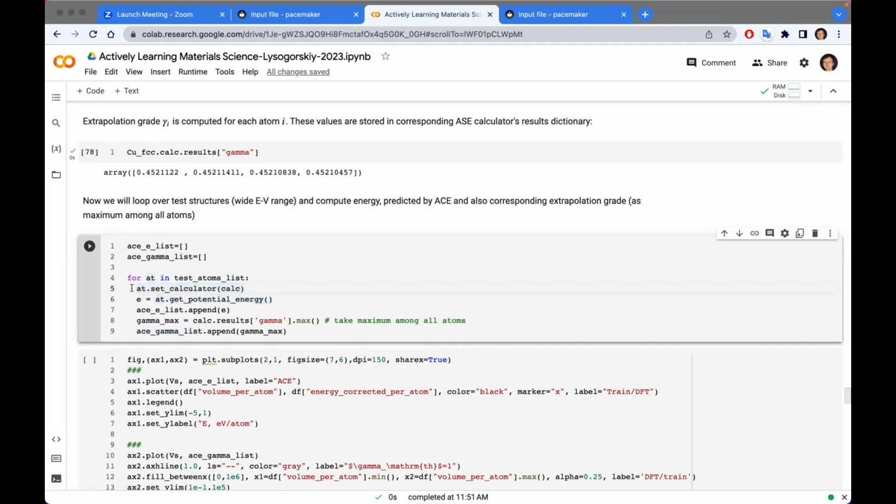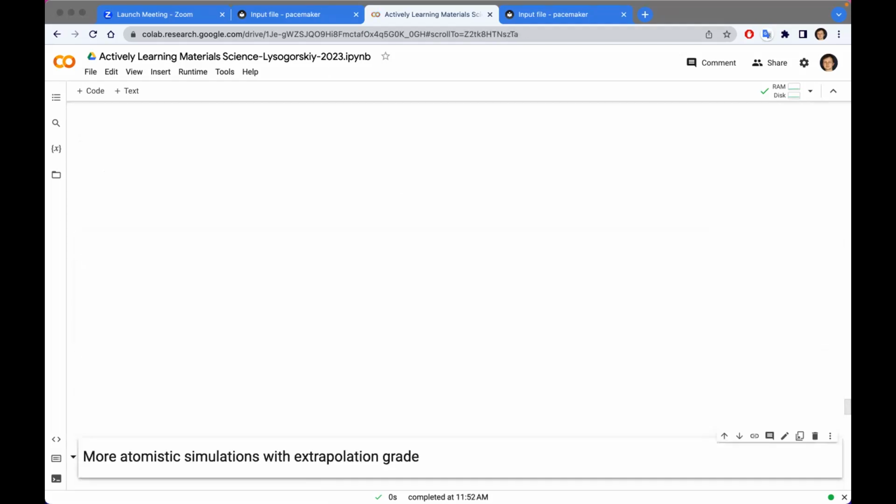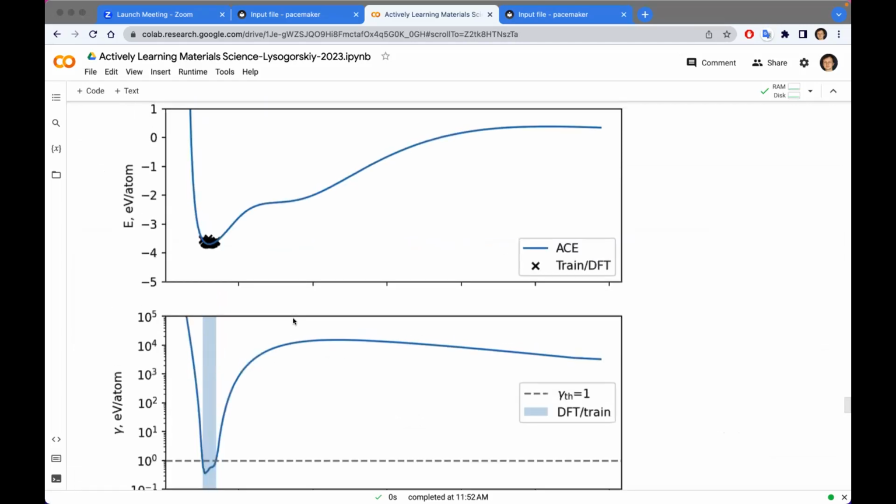The algorithm is very simple. For any atom, you set the calculator, call get potential energy to compute everything, accumulate energy, get the maximum gamma among all atoms, and also accumulate it in another list, and we can visualize it. Yes. So this is it.